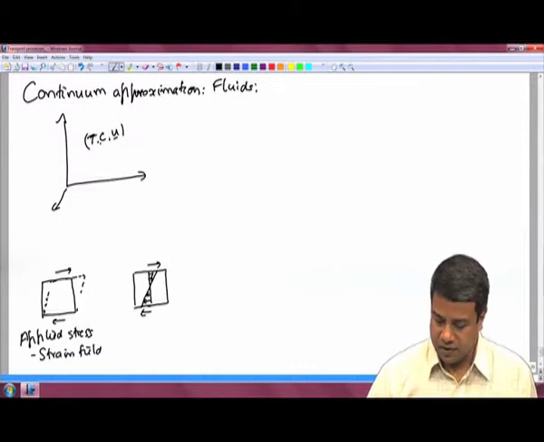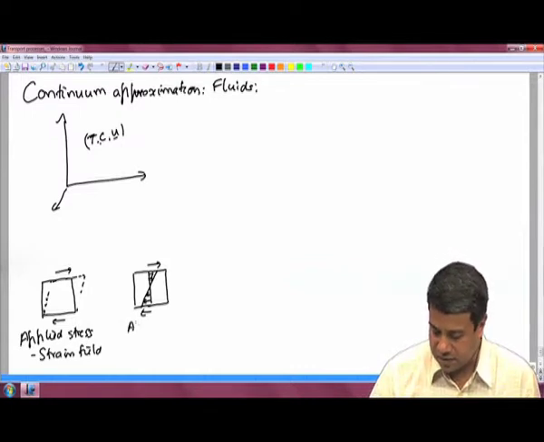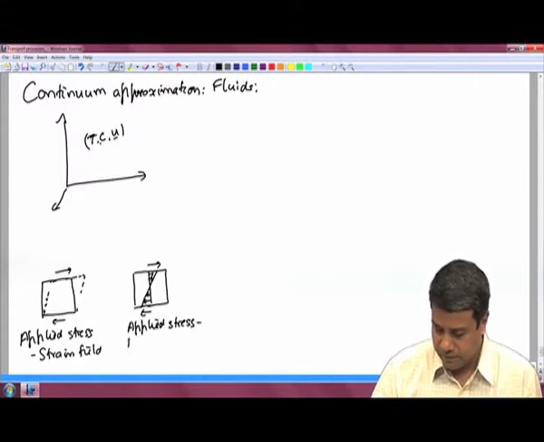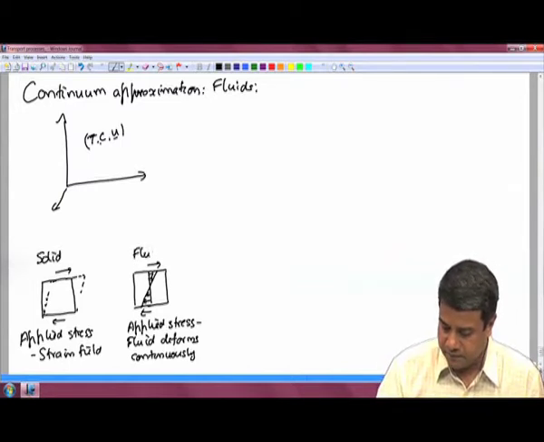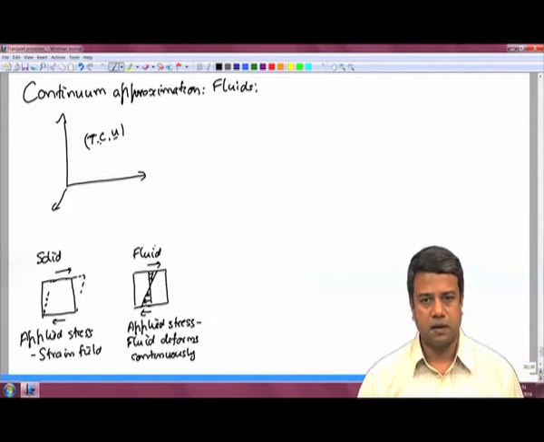So, fluid deformed continuously under applied stress. Okay, so, this is a solid, this is a fluid.